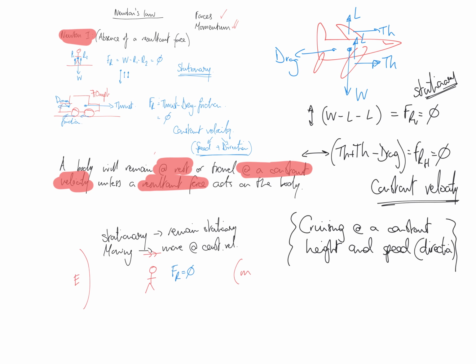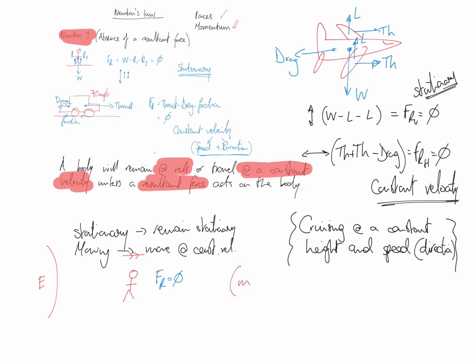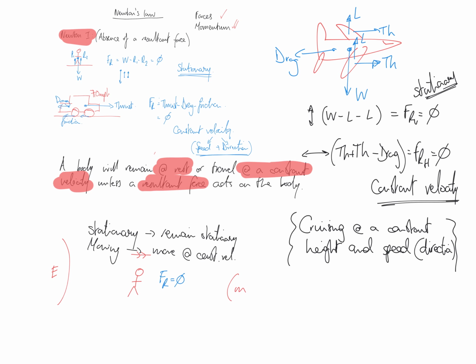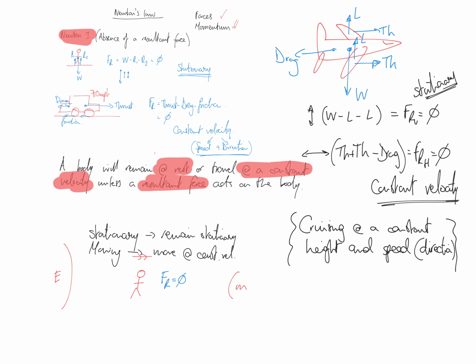So it doesn't matter where you are, as long as there's no resultant force, if you're stationary, you stay stationary. If you're moving at a constant velocity, you stay moving at that constant velocity. Good. Okay, there's Newton's first law. So just remember, Newton's first law is about the absence of a resultant force.